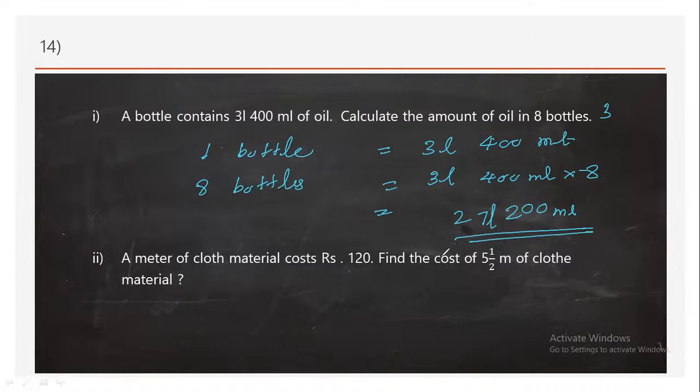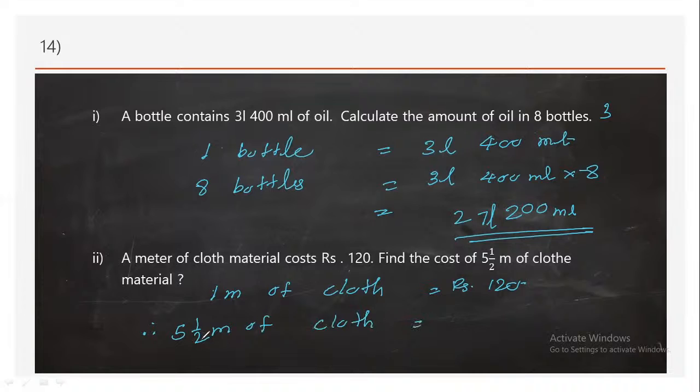A meter of cloth material costs 120 rupees. Find the cost of 5.5 meters of cloth. Then 1 meter, five and a half meters.